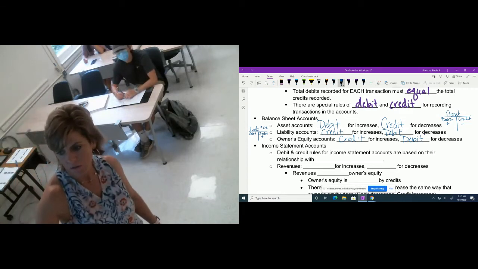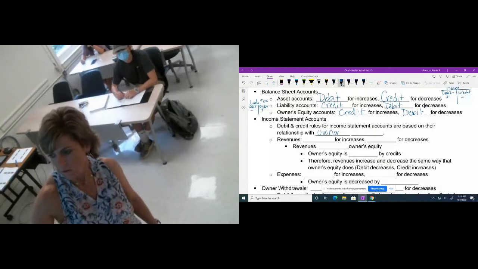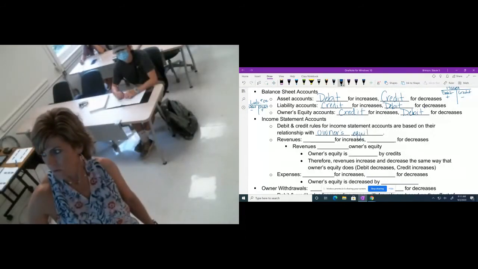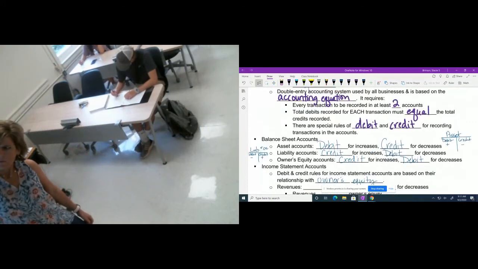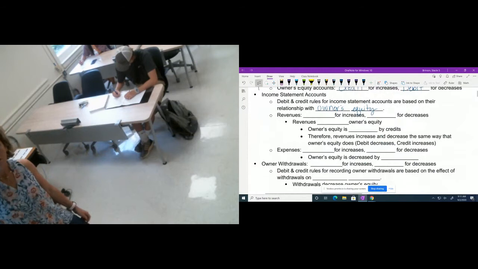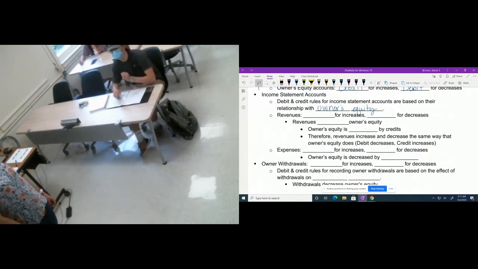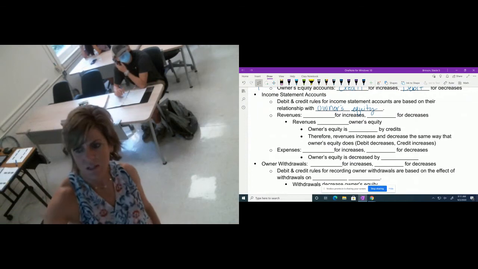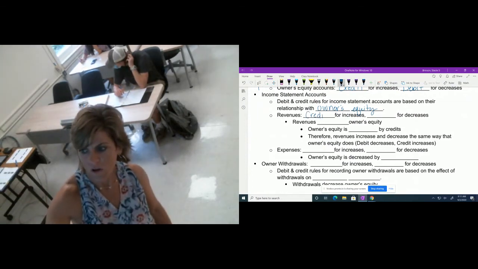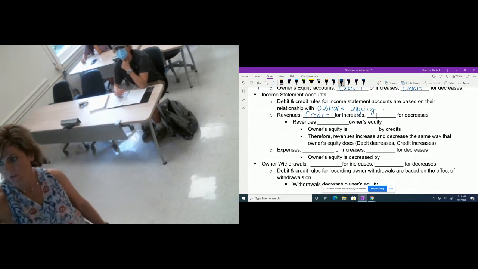All right, so in your income statement, the debit and credit rules, again, are based on their relationship with owner's equity. Remember how I said revenues increase owner's equity and expenses decrease owner's equity. So if we credit to increase owner's equity, we will also credit to increase revenue.